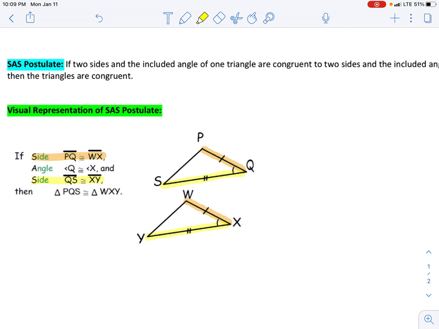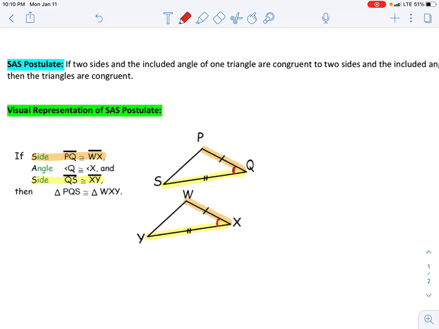And so far we have that two sides of the triangles are congruent. Now we need the included angles to be congruent, right? In other words, we need angle Q to be congruent to angle X. And we see that that's true, because each of these angles has one curve mark, which means that the measurements of those angles are the same, which means they're congruent.